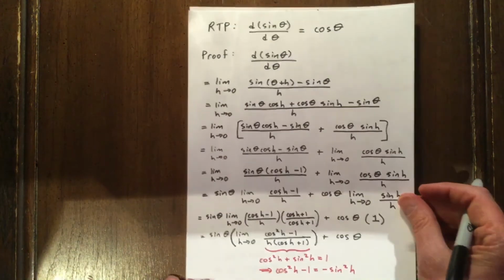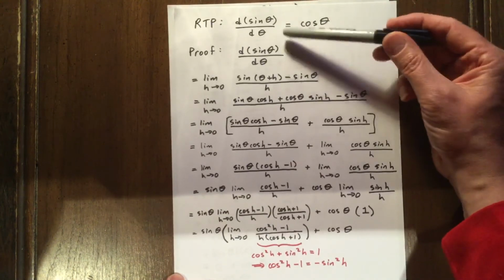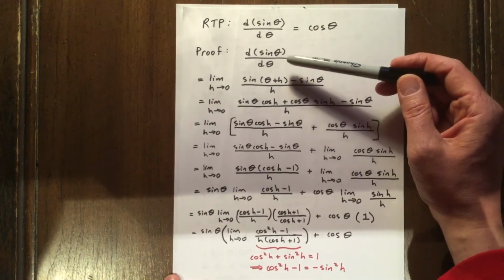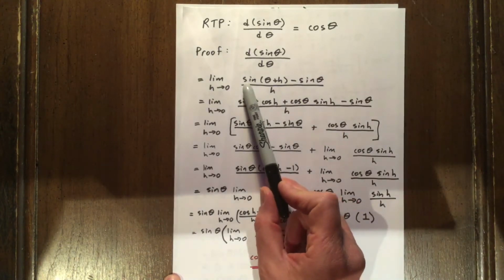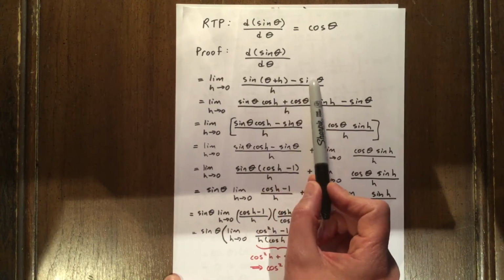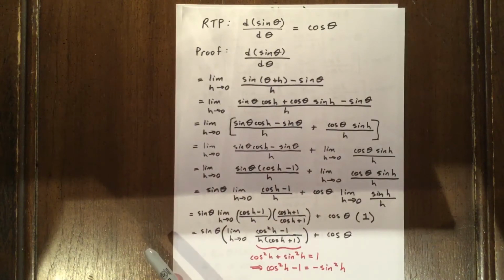So now we can come back to our proof, and our proof will go a little bit easier now. We're trying to prove that the derivative of sine theta with respect to theta is cos theta. So the derivative of sine theta with respect to theta is f of theta plus h minus f of theta over h, obviously the limit as h goes to 0 of that.